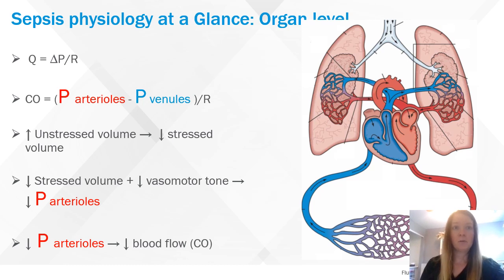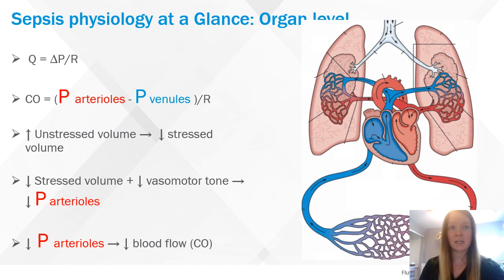So what we're looking for here is there's a pressure in the arterioles, which is, if you're looking at this picture, on the right side, minus the pressure of the venules, which again is on the left side. So blood is flowing from arterial side to venous side. Blood is flowing from the right side in this picture to the left side. However, in order for that to occur, the arterial side needs to have a higher pressure than the venous side.